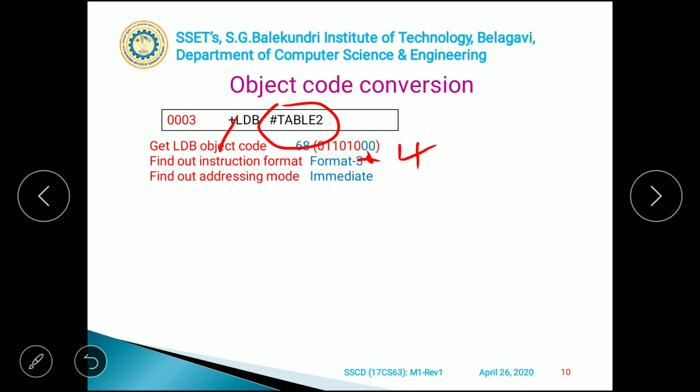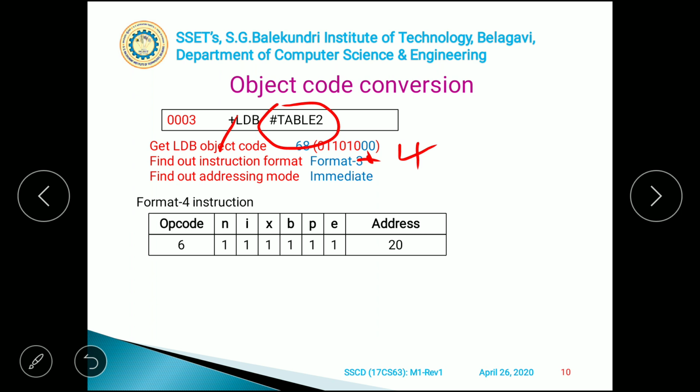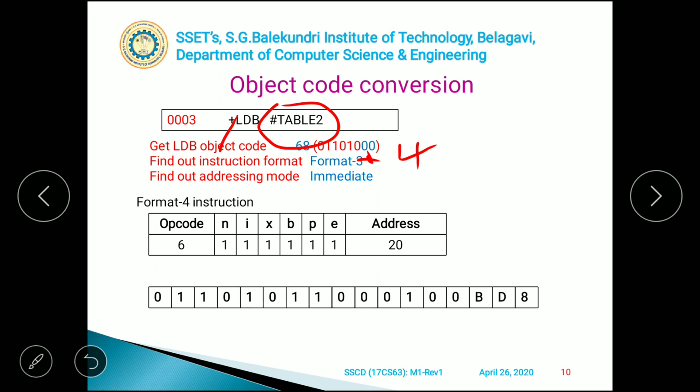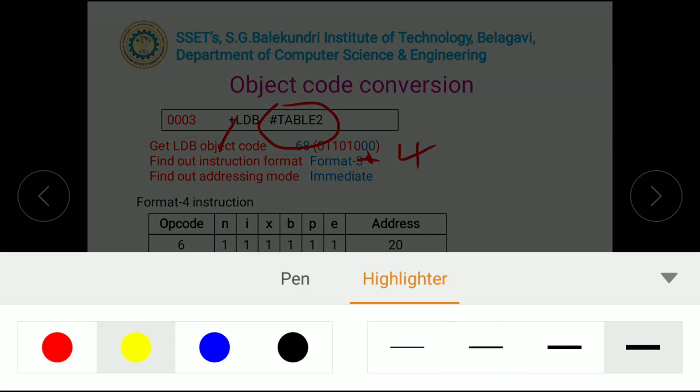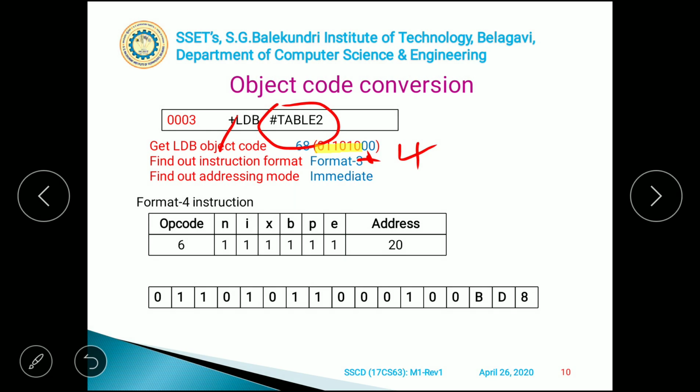Okay. And then comes over here. See, this is the syntax for format 4. So here opcode 6 bits is there, then the next 6 flags, and then after that address. So now whenever you are writing in the extended format, whatever is there in the operand field, directly it should be given here. So that is what we have done in this. You can see the LDB opcode is 68. All the first 6 bits are already written as it is, right?